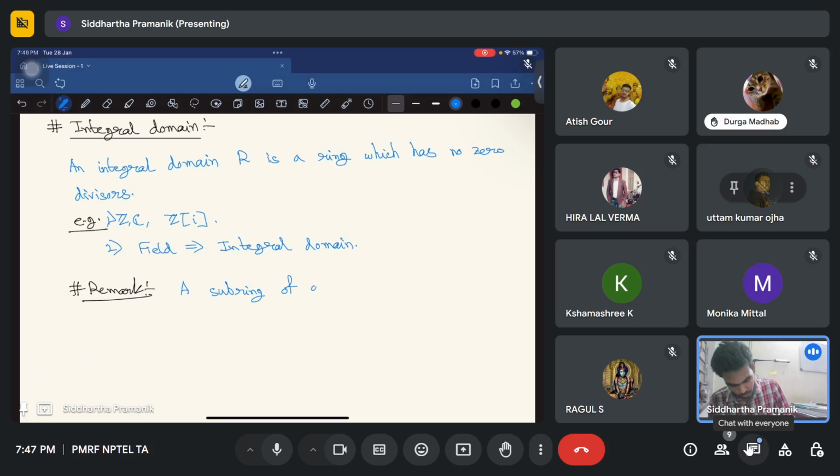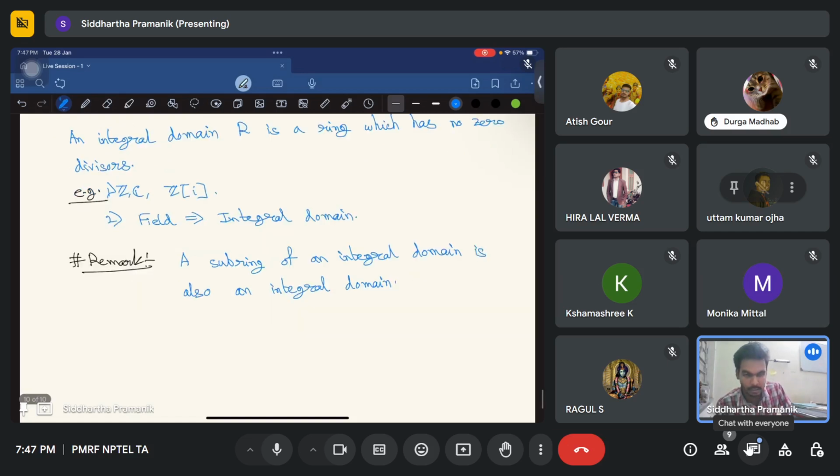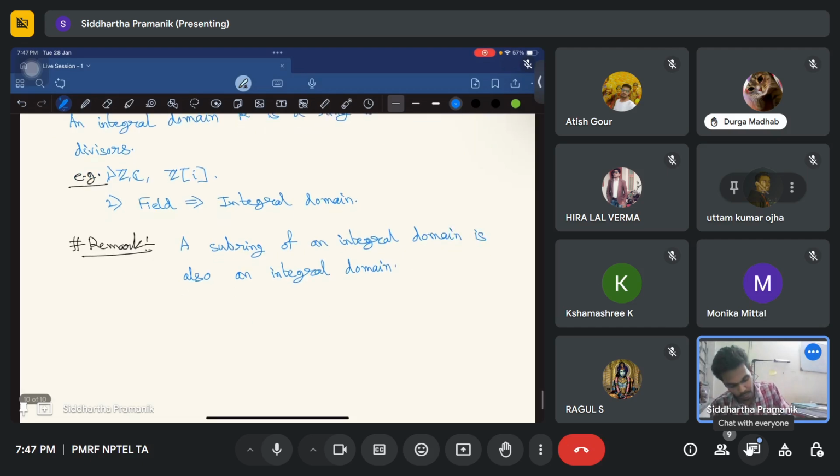And remember that our subrings contain 1, right? Without that condition, this statement need not be true. Keep this fact in mind.